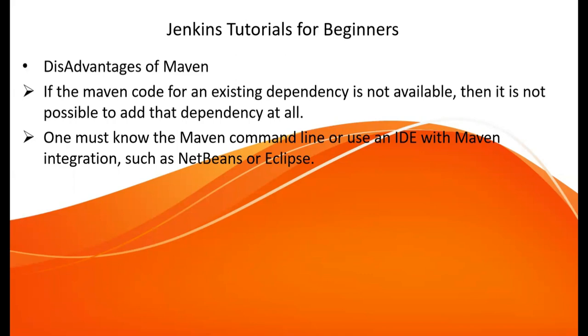That's the major disadvantage of Maven. So when you use Maven for building the code in the pom.xml file, make sure that you have handled all the dependencies of the project. So next time when you build the project using Maven, it takes care of your dependencies.